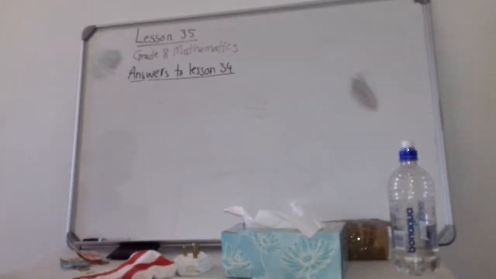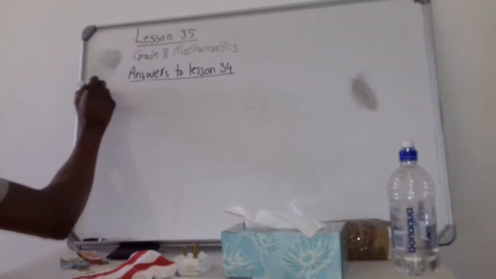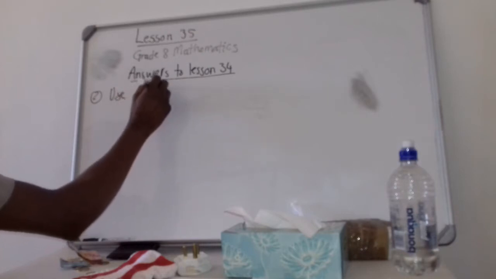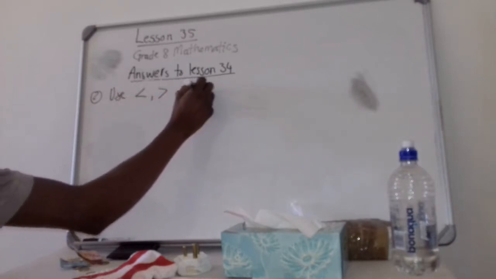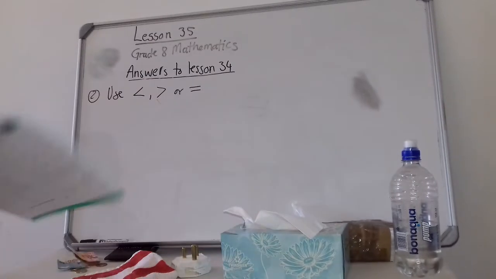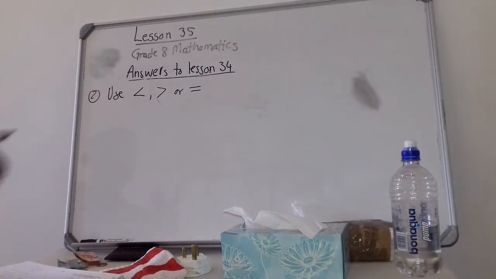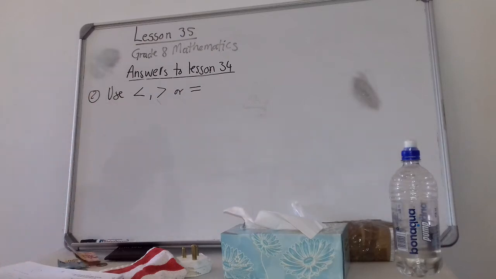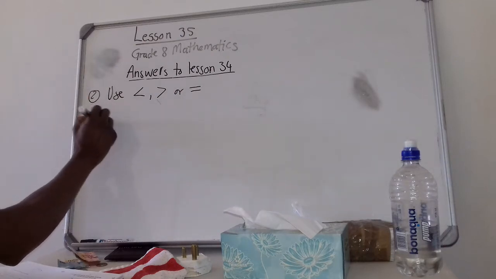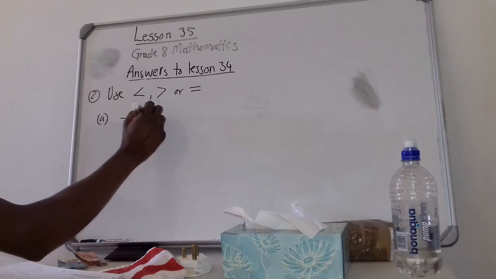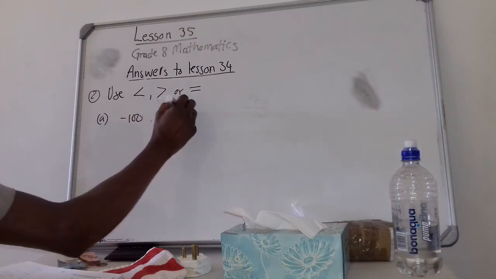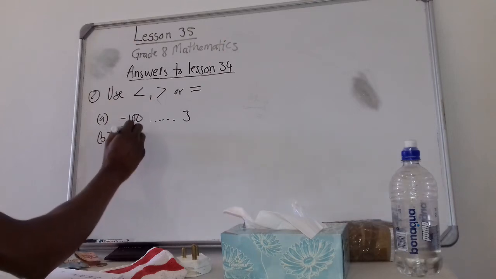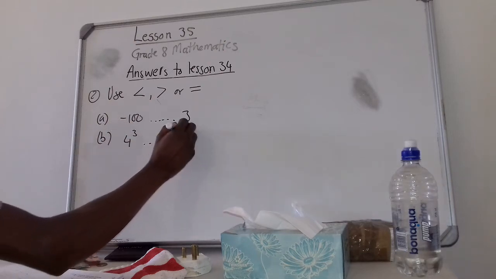Number two: use less than, greater than, or equal to. These are the numbers that you are given, and you are going to use less than, greater than, or equal to make the statement correct. In statement A, you are given negative 100 and 3. In B, you are given 4 exponent 3 and 8 exponent 2.